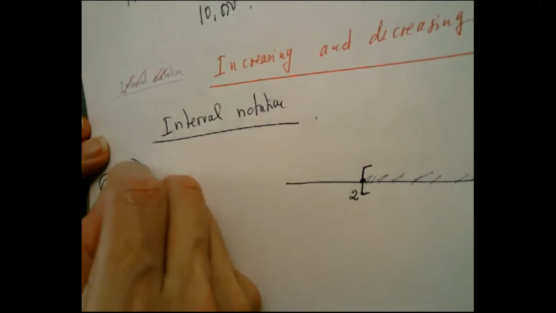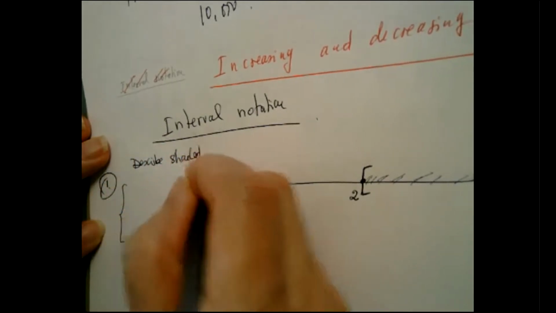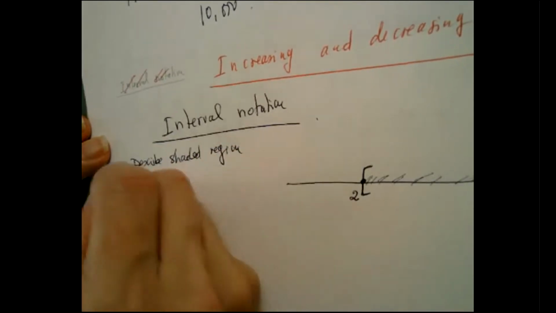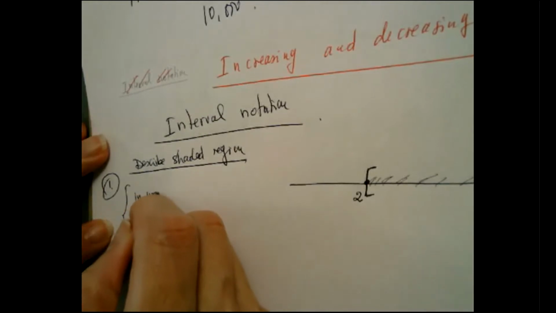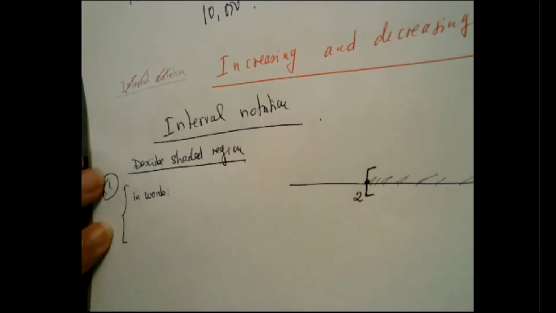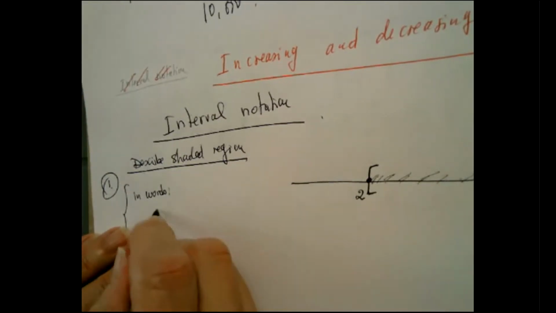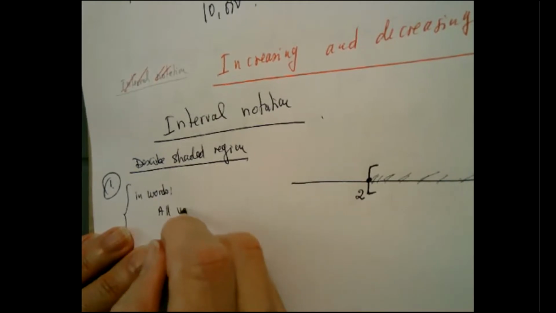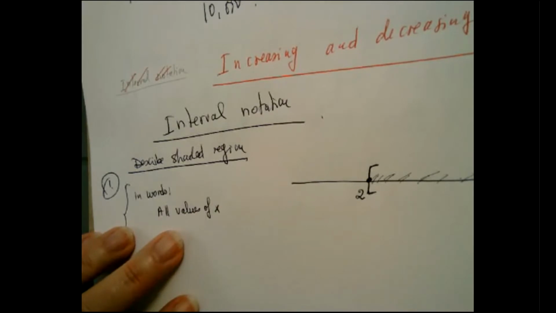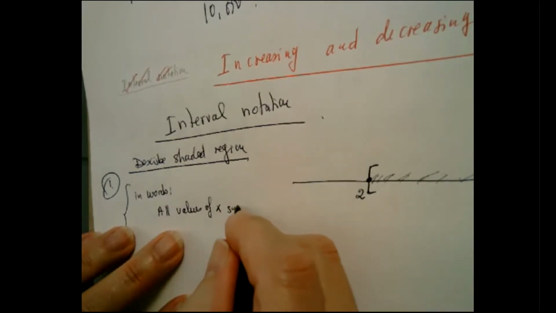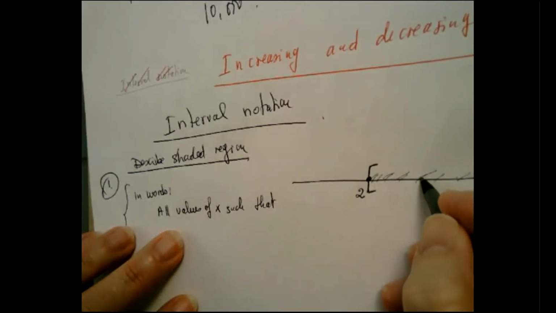First, in words, because some of you will be more comfortable in words and some more comfortable in notation. In words, I describe everything here as all values of x that have the following property, such that, what characterizes any number here?